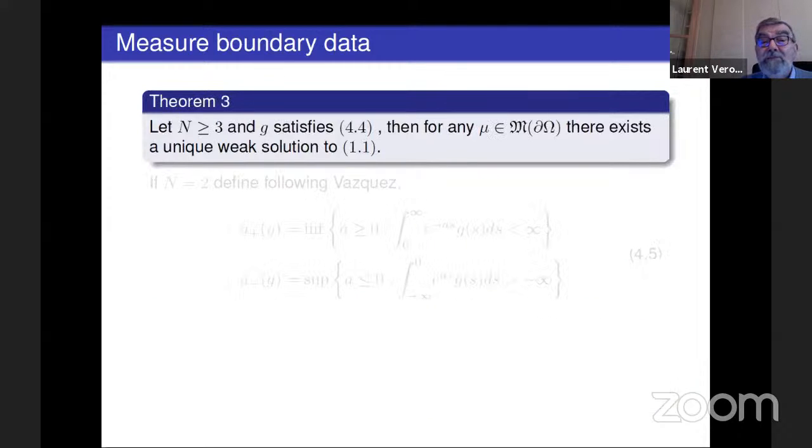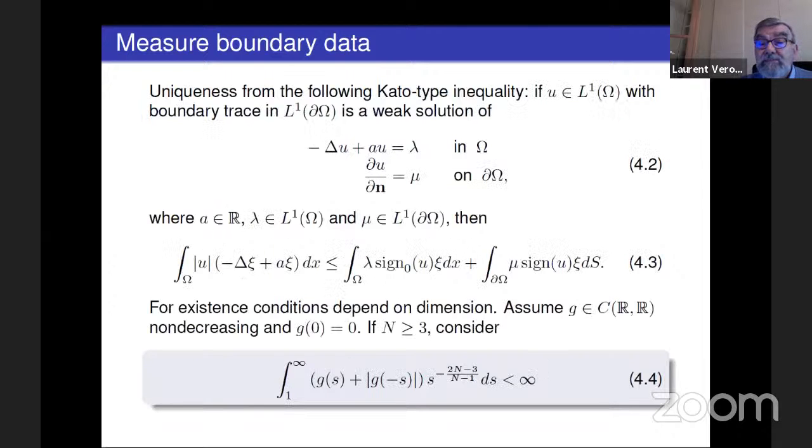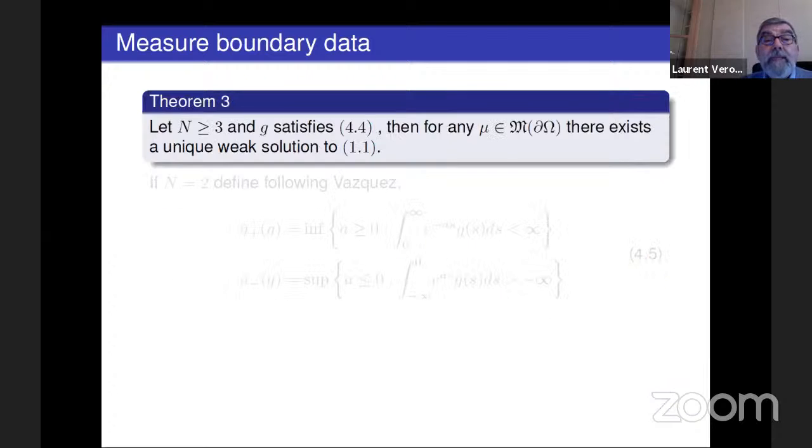But it is not very important. Now, the result that we have is the following: if n is bigger or equal to 3, and if my function satisfies this expression, 4.4, then for any measure on d omega, there exists a unique weak solution to this equation.